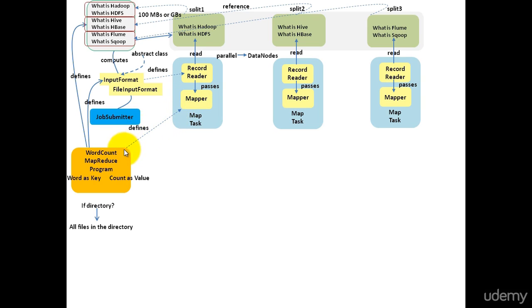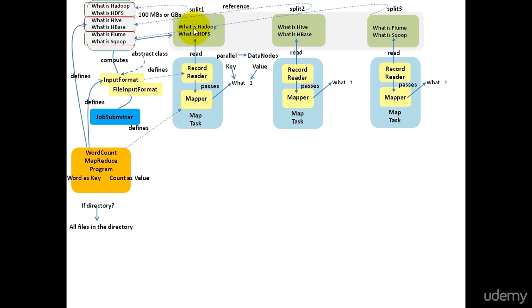Mapper function is also defined in our MapReduce program. Mapper function parses the input data and emits keys and values. As said earlier, here words are the keys and count is the value. So the mapper will emit numerical 1 for each word that it encounters. In our example, the word what is encountered first. So the key is what and the value is 1.